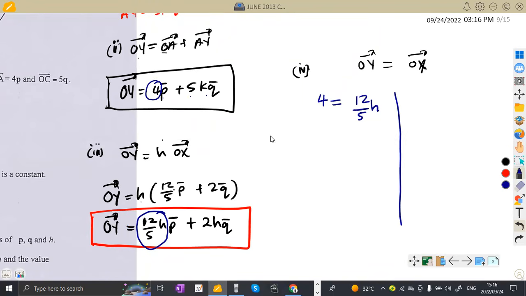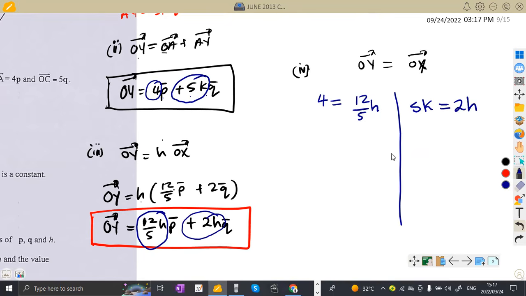The constant of Q here is positive 5K, so 5K is equal to the constant of vector Q here, which is positive 2H. So you formulated equations from equal vectors, therefore you can solve.